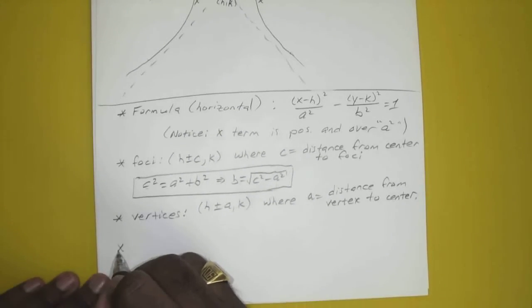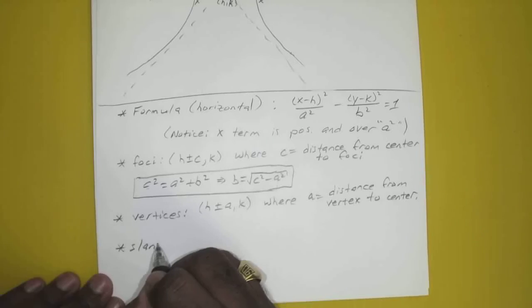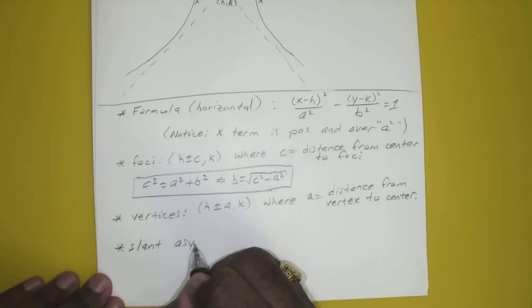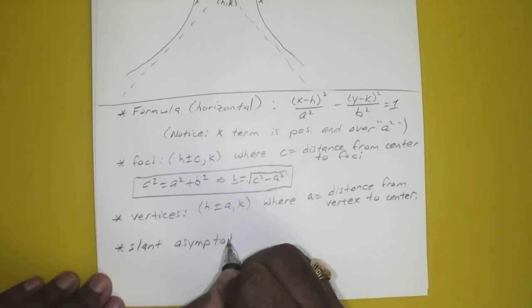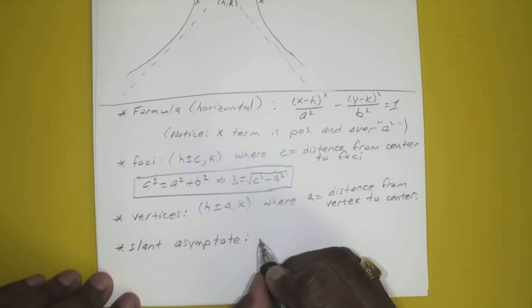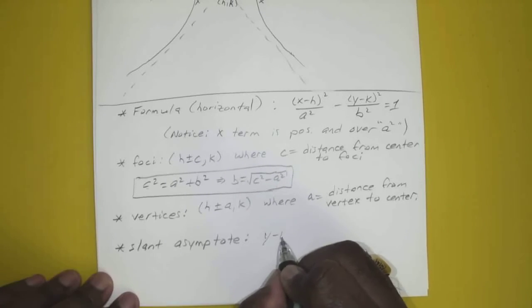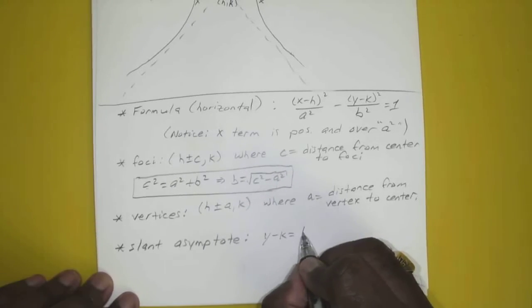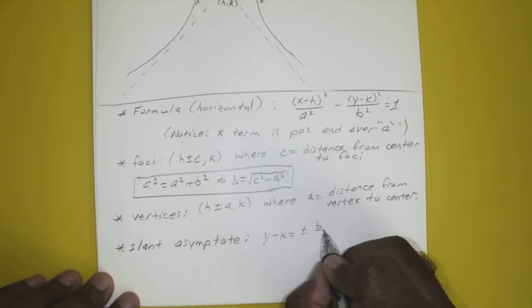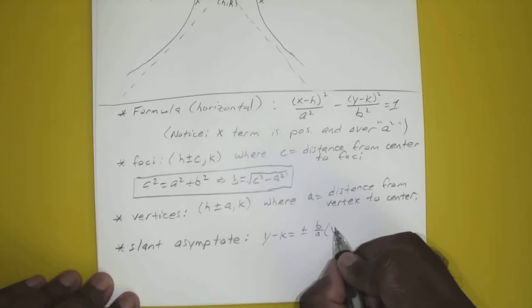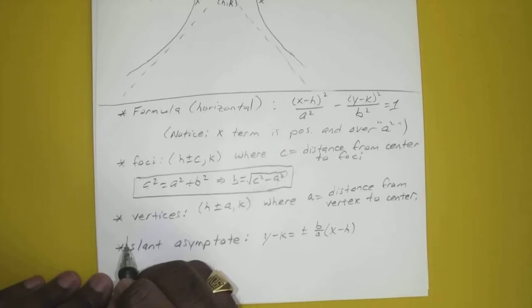Okay, and your slant asymptote formula is y minus k equals plus or minus b over a times x minus h.